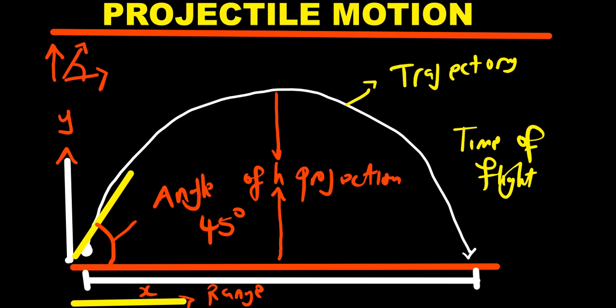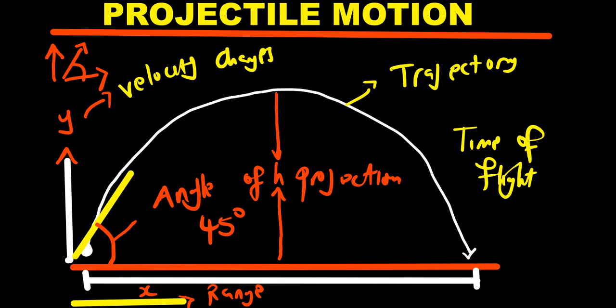Then there's something that I need to mention. In the y direction, or in the vertical direction, the vertical component of the velocity changes due to gravity. So in the y direction, the velocity changes.